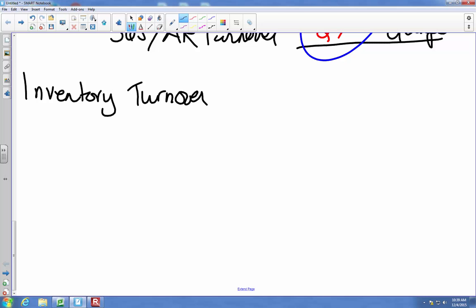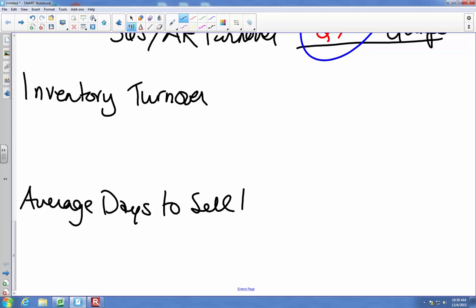Number of times inventory sold in a period. And then average days to sell is the other one. And then we'll be through the first set of numbers.